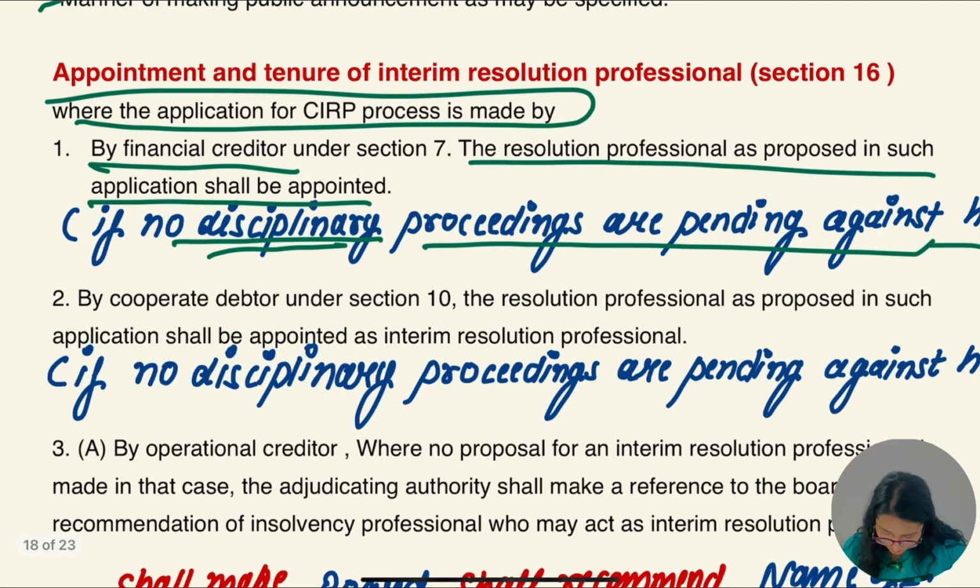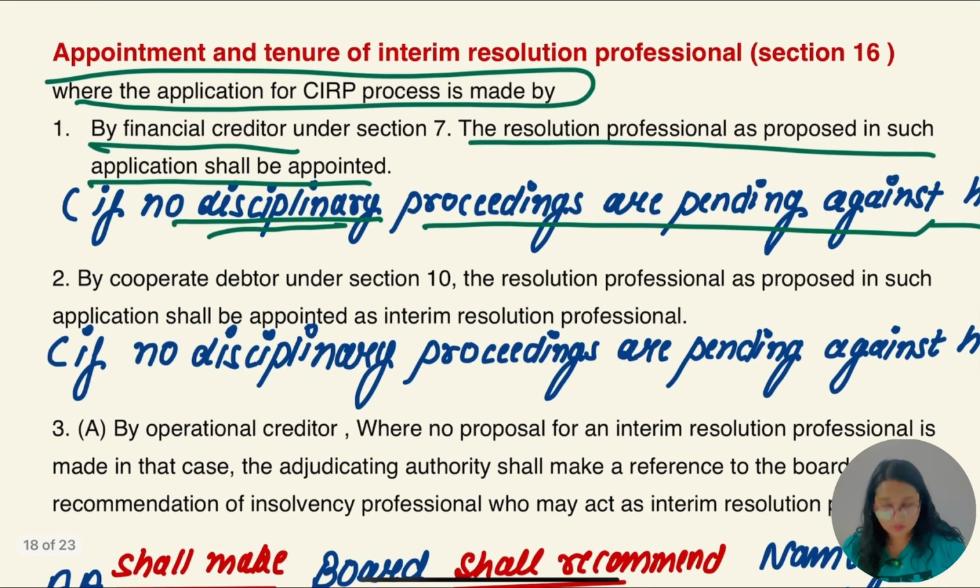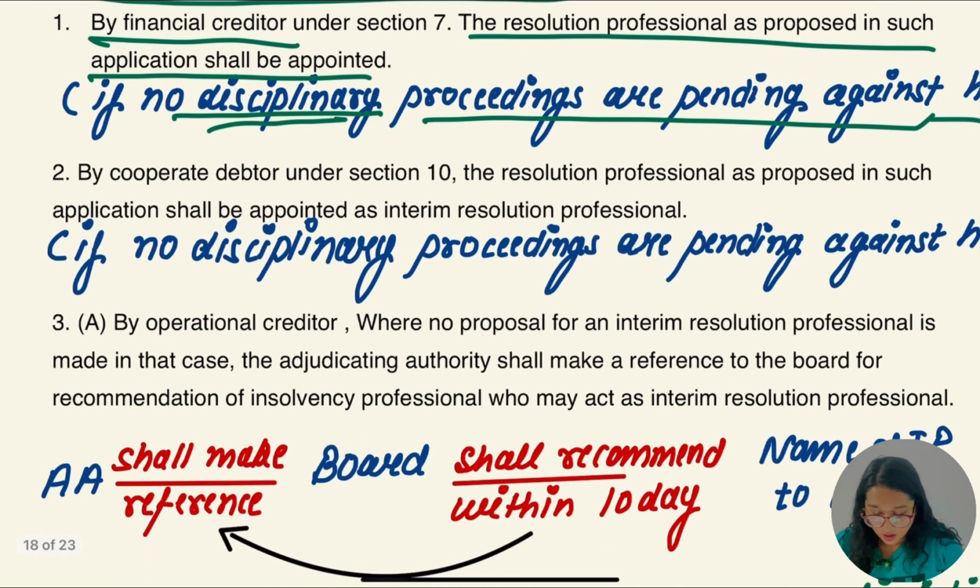Second, the corporate debtor. Remember there was one more, the operational creditor. So let's first complete the operational creditor point. If the operational creditor has given the name of a resolution professional to be appointed, in that case, if the AA is satisfied that there is no proceeding pending against that person, that person is going to be appointed.